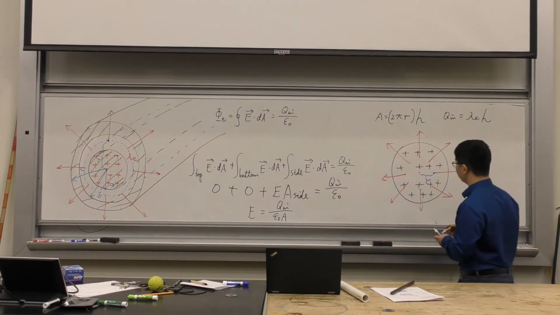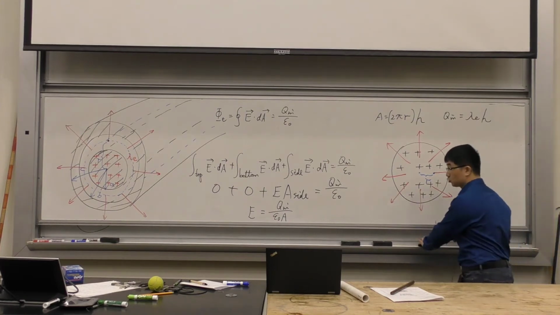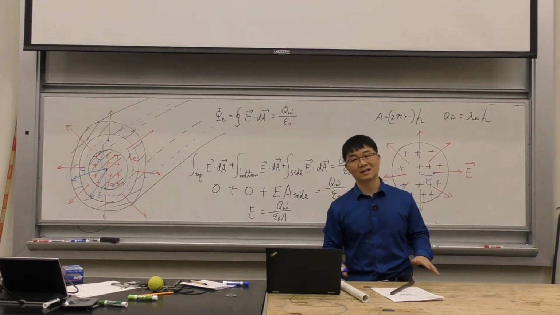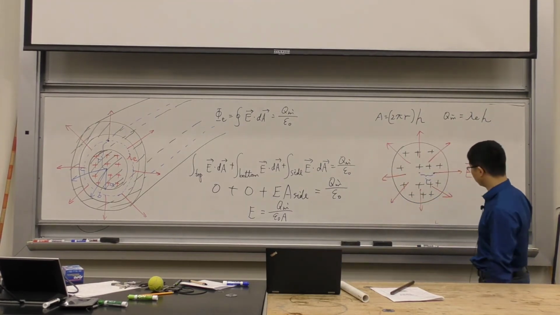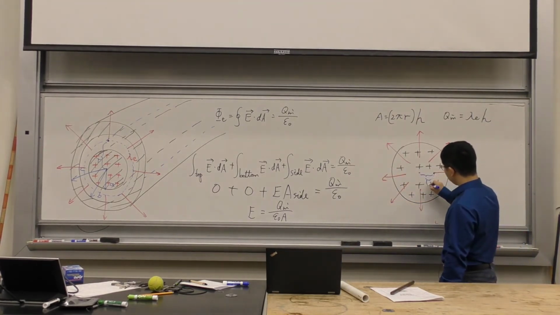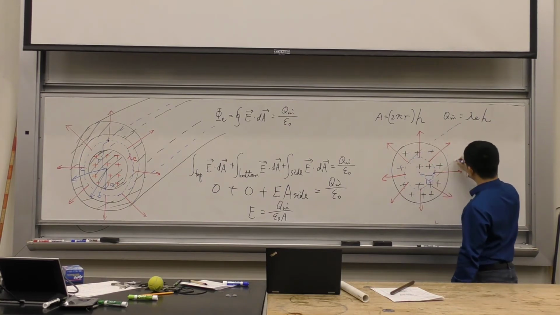Right? So again, I'm going to draw a Gaussian surface, totally imaginary, doesn't exist. It's not a real surface. It's totally a mathematical tool. Okay? So I'm still going to draw a cylinder, right? If I want to put all these points in the same surface, I want to get a closed surface.